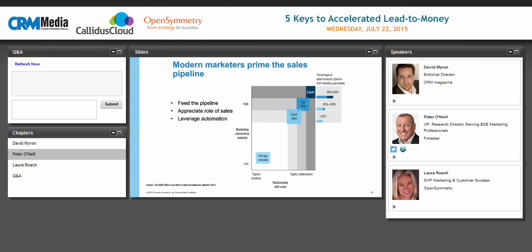And if salespeople have that trust in the lead to revenue management system that's been put together, they have that trust in the work that marketing does in terms of providing content, nurturing content, and helping the buyer along their journey. That's a very important sign of maturity and a sign that the lead to revenue management system has been well established. 50% or more contributing to the pipeline.